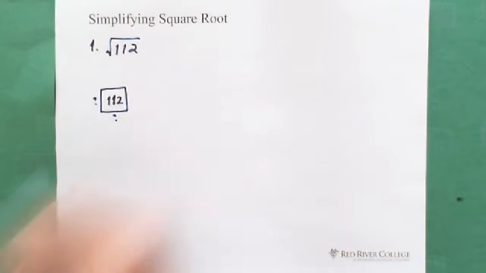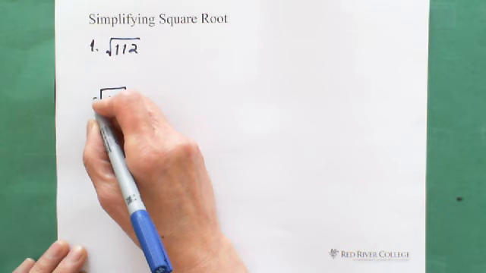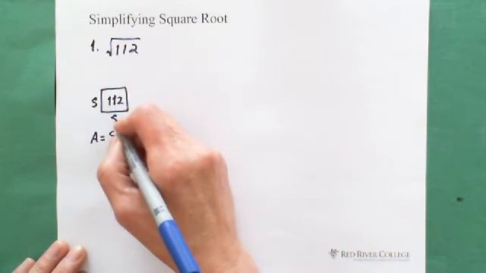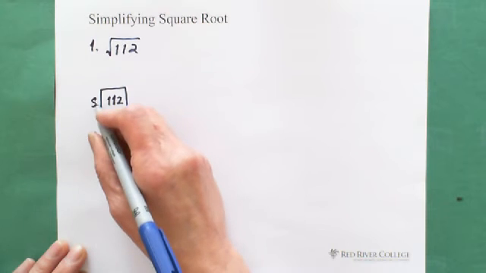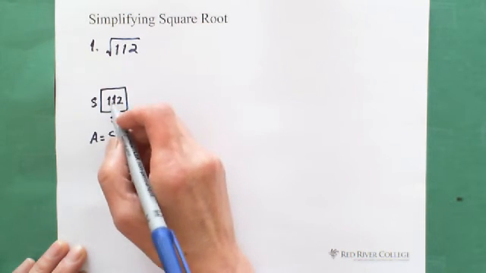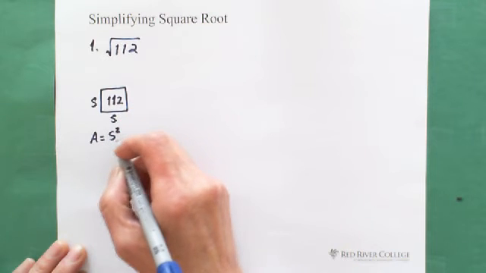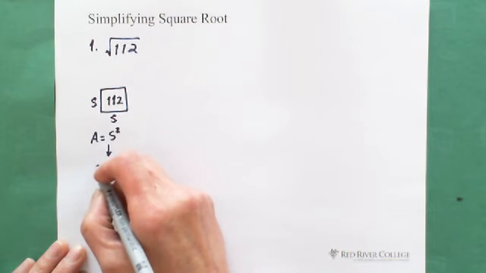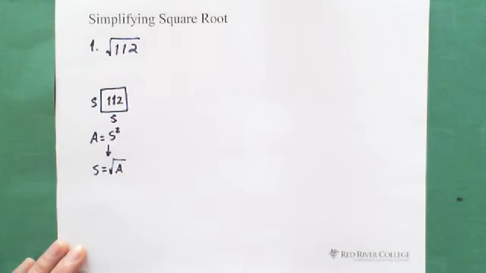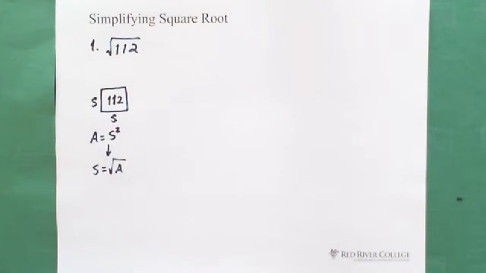The area equals side squared, because a square has four equal sides, so side times side is the area. Given the area, you look for the side. That's why the side equals the square root of the area, and why we need to find pairs of numbers.